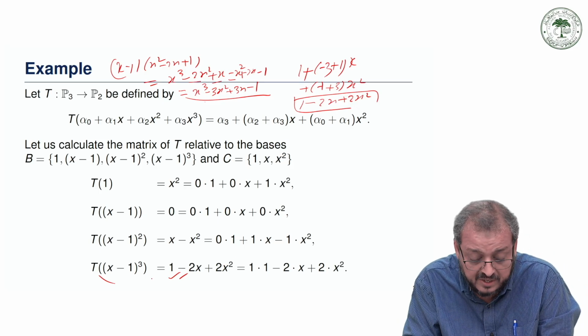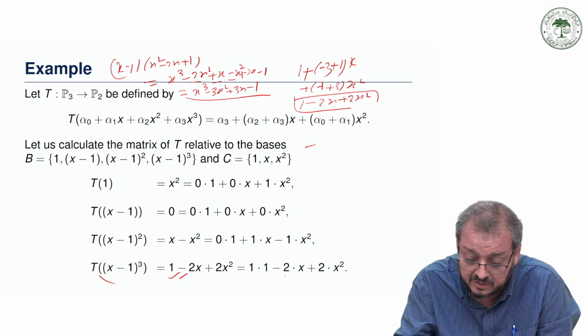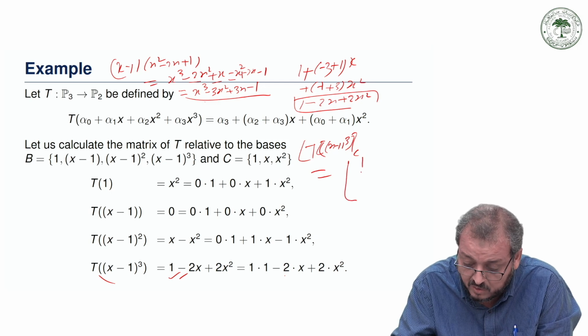Okay, so we write this in the form of 1 into 1 − 2 into this. So we can say that T of (x − 1)³ corresponding to the basis C is the column vector (1, −2, 2).